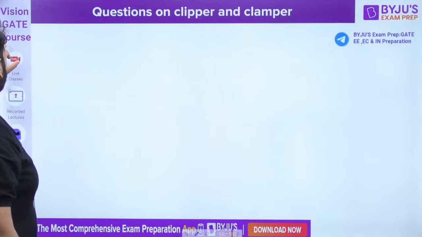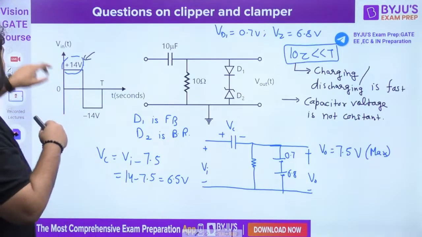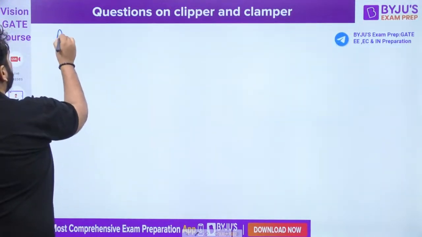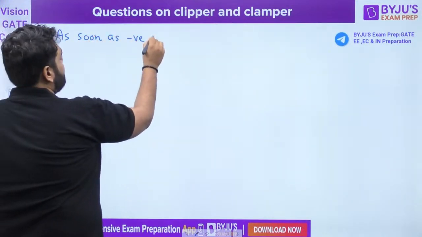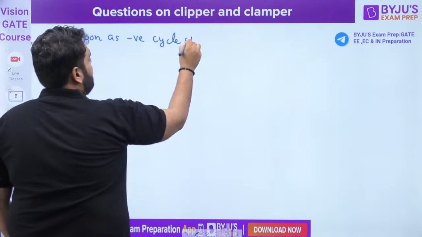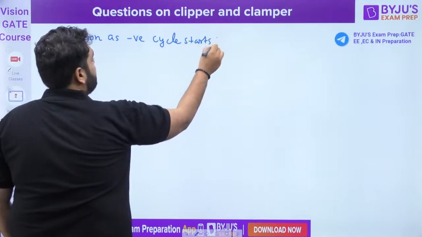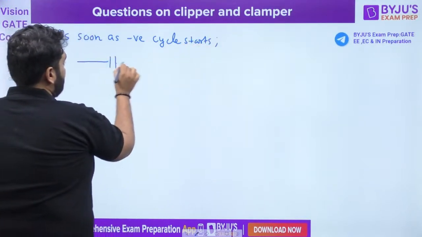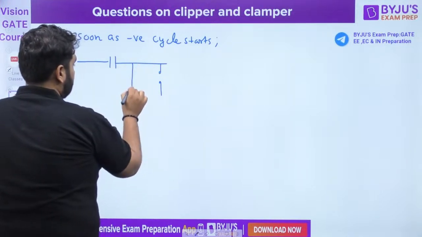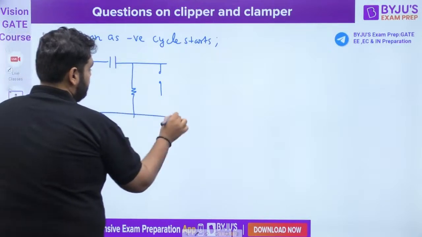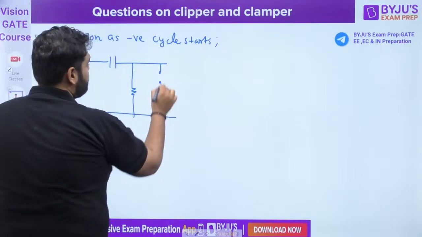So what will happen here? As soon as the negative cycle starts, diode D1 is reverse biased. Then you have a Zener diode, which you can show like this.